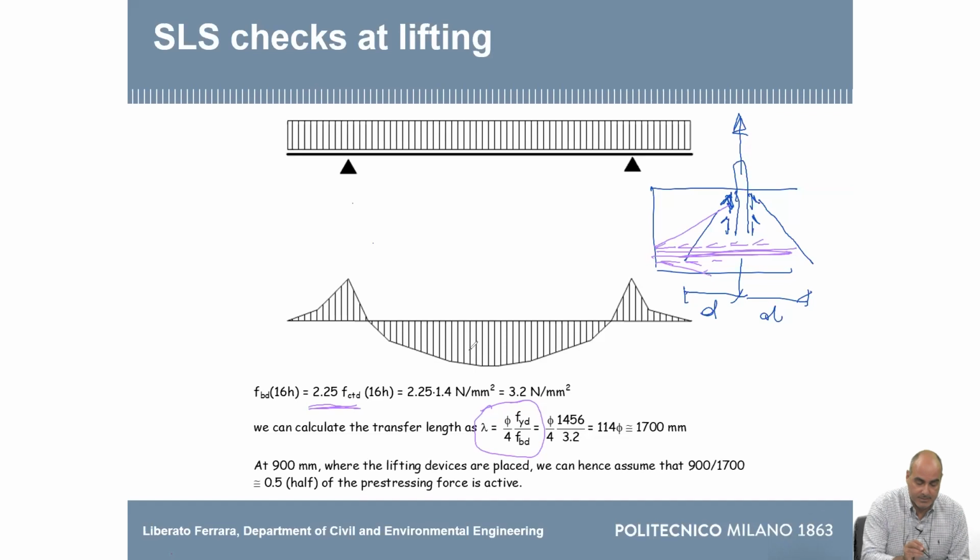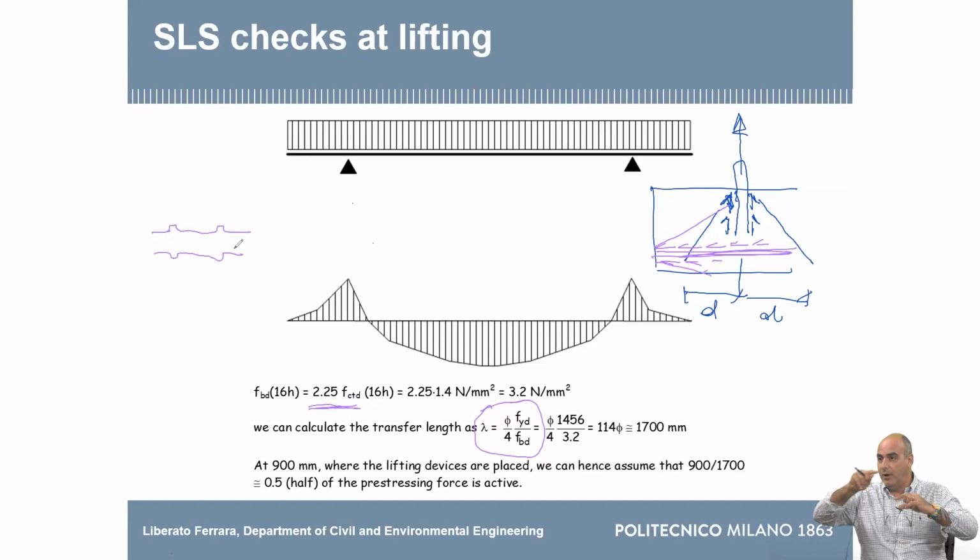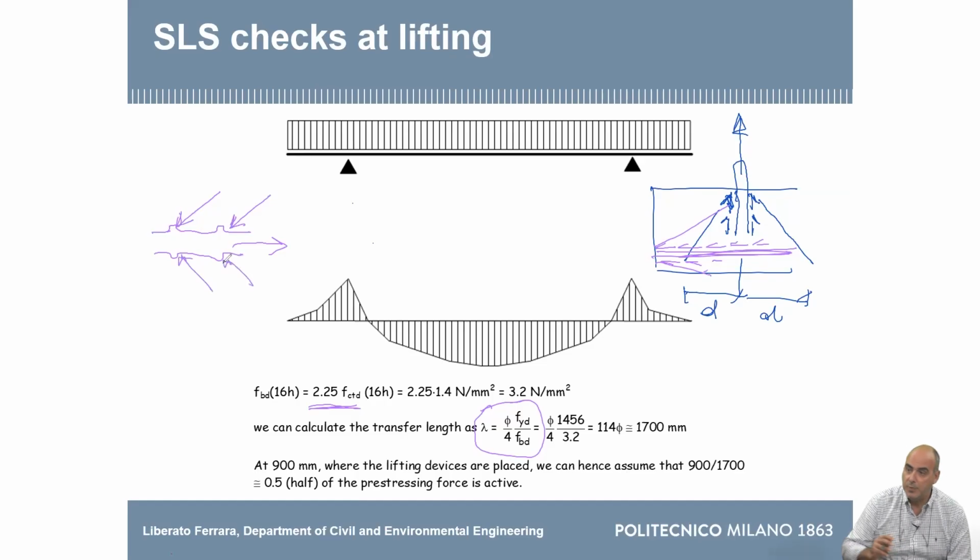Why this? Because, imagine that we have a bar. A typical bar for reinforced concrete has the ribs. But the tendon also has some undulated surface because there is this twisting. So if you are pulling this bar in this direction, these ribs counteract in this way. So this is the force that the concrete is exerting on the bar, which opposes its pull out. If you look at the cross section, this is the bar.